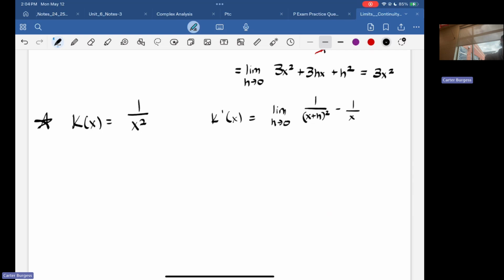It's 1 over (x plus h) squared, minus 1 over x squared, all over h. And you would match denominators and combine like terms and blah, blah, blah, blah, blah.